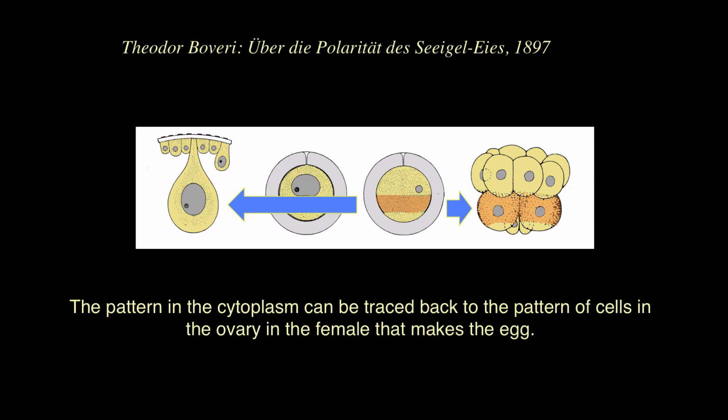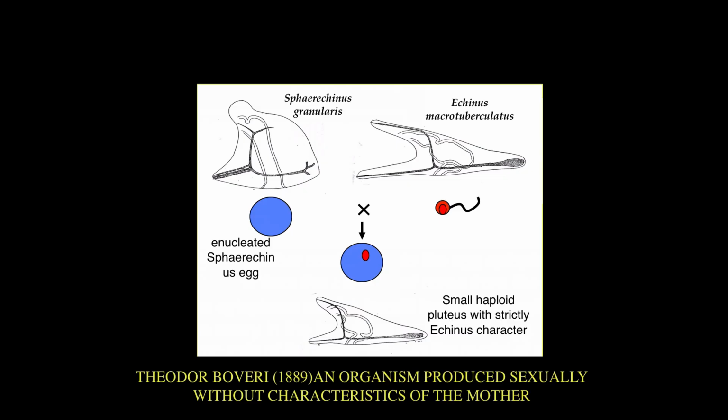But I think Boveri's most famous experiment on the organization of the egg cytoplasm was an extraordinary, clever experiment that involved trying to establish what is the role of these cytoplasmic organizations. To do this, what he used were two different sea urchin species whose larval forms, or plutei, had very clear and strikingly different morphologies.